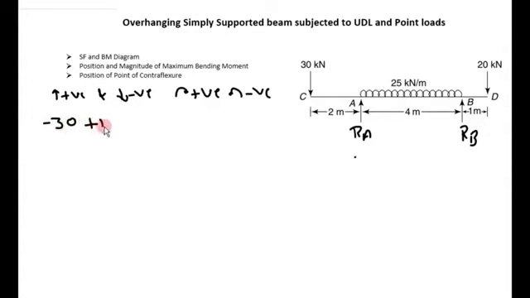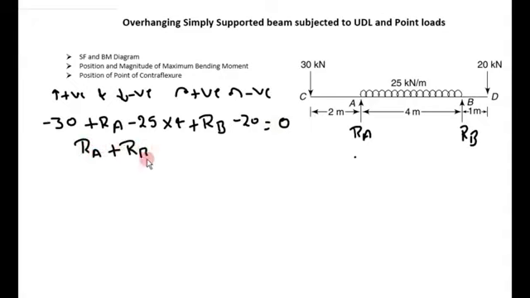Then RA is acting upward. Then the 25 kilonewton per meter UDL is acting on 4 meter. RB is acting vertically upward and 20 kilonewton is acting vertically downward. The sum of all these forces should be 0. So from this, RA plus RB comes out as 150. This is equation number 1.